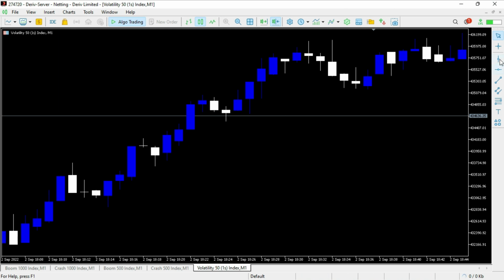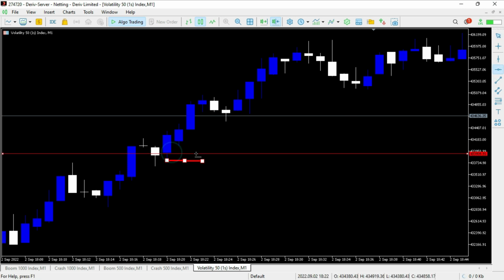Let me use this to explain, to differentiate it. Here is the low. Here I draw my line. Here is the low of this bullish candle. Here is the open price of this bullish candle. You see that here is the open price of this bullish candle. That's the open price.